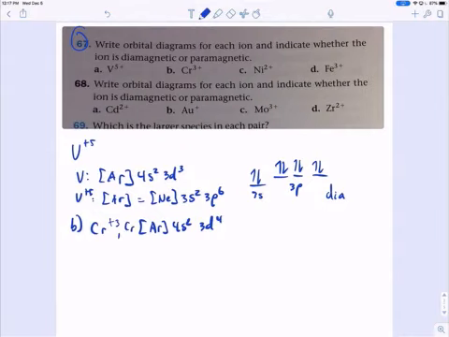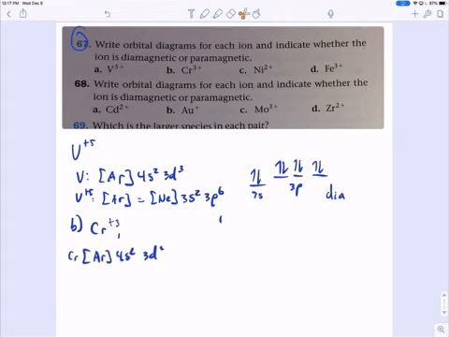As I stated, chromium's is 4s2, 3d4, and when electrons are ripped off, they're ripped off of the highest n first.